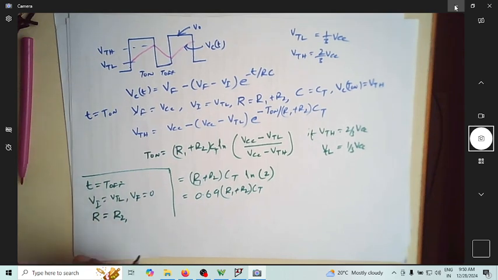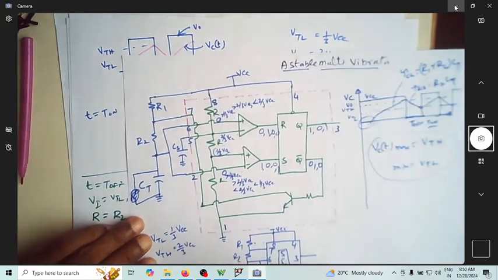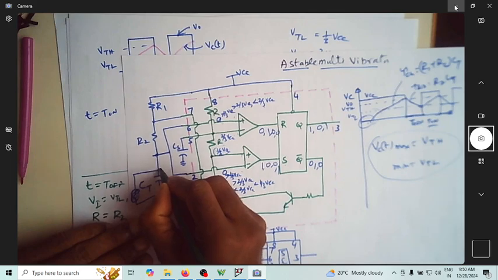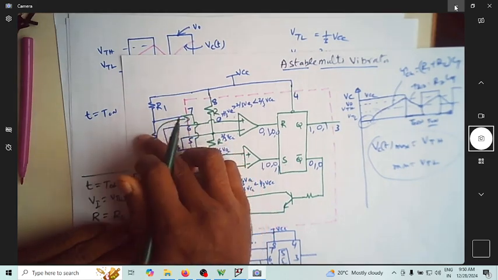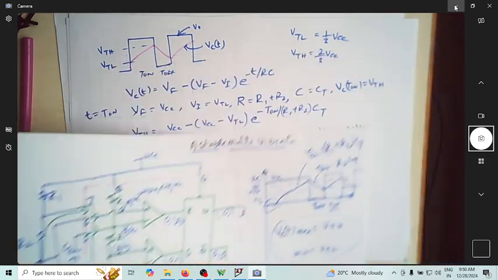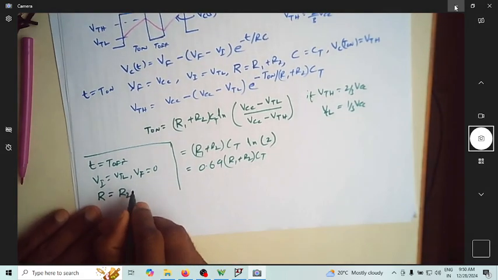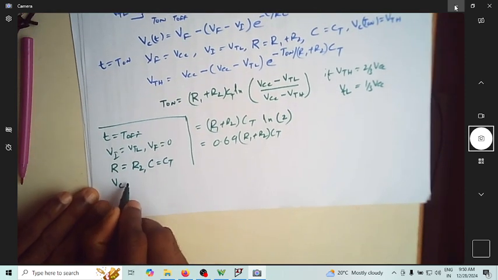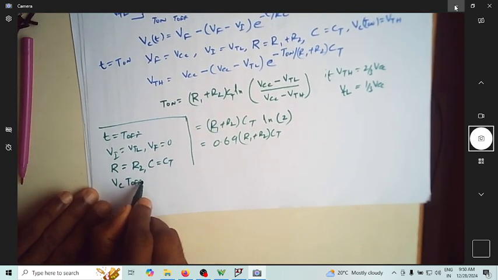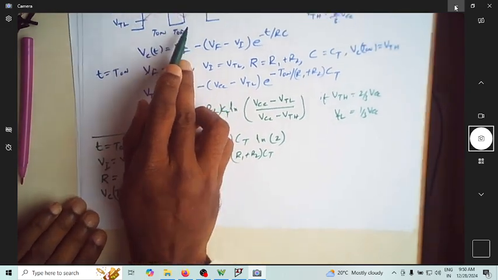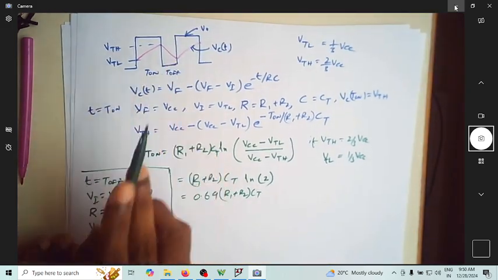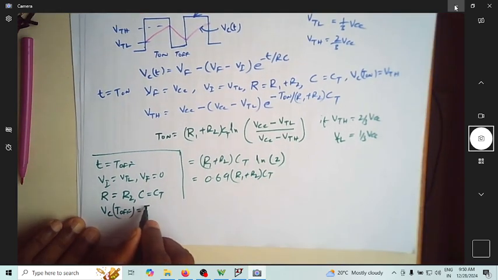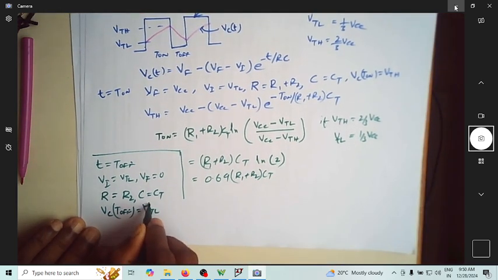R1 is not coming into the picture, because when the capacitor is discharging, it just flows through pin number 7. This resistor is R2 and the capacitor is CT, and the capacitor voltage at T off is this voltage, VTL.